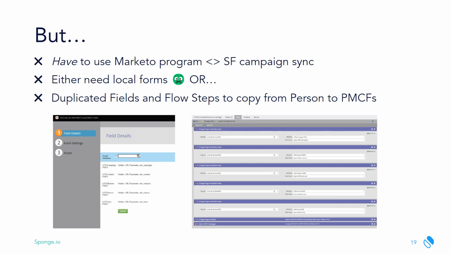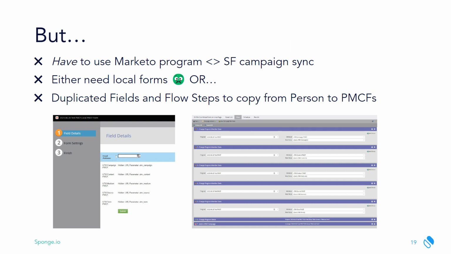Or you still need those lead and contact fields to capture the UTMs on your global forms and then flow steps within each of your content programs to actually stamp those from the lead and contact field to the program member custom field. And using these requires that you use the program campaign sync, which not everybody loves.